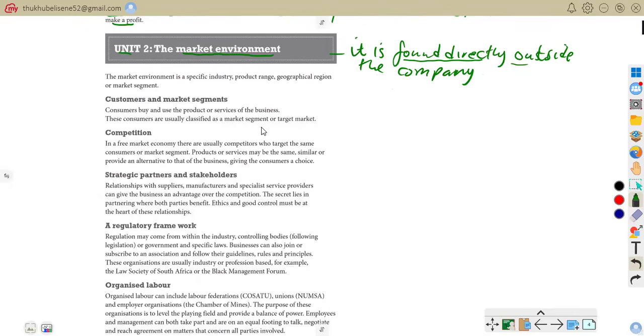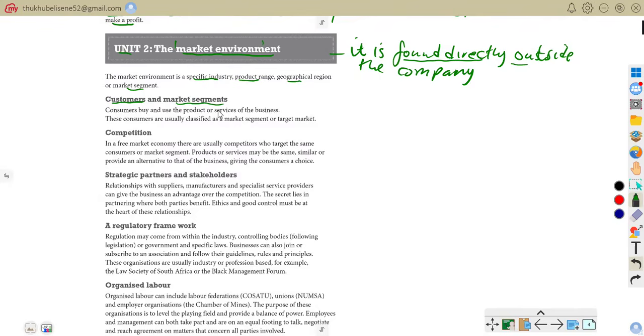What are we talking about? The market environment. Like I said, the market environment is a specific industrial product range or geographical region of market segment. The aspects found under the market environment are the following: customers and market segments.